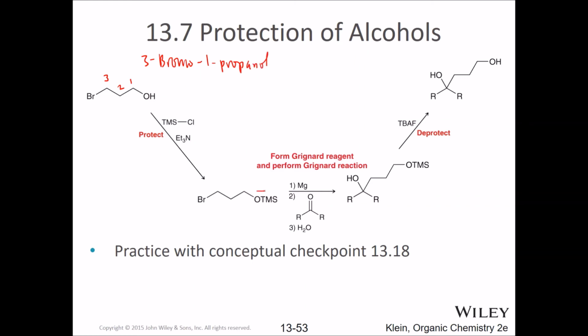You protect it, you cap it, then you add your magnesium and make your Grignard reagent. It looks like a bunch of scribbles on your screen, I know, but you're making your Grignard. And then after you make your Grignard, you bring it in to attack that.